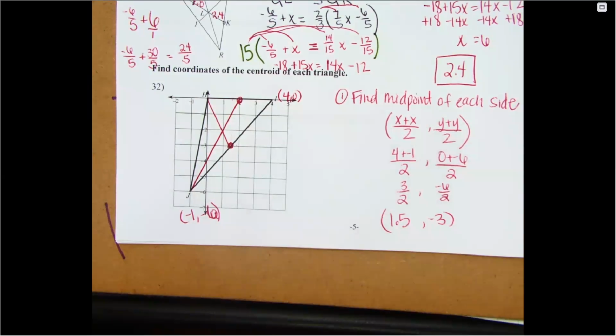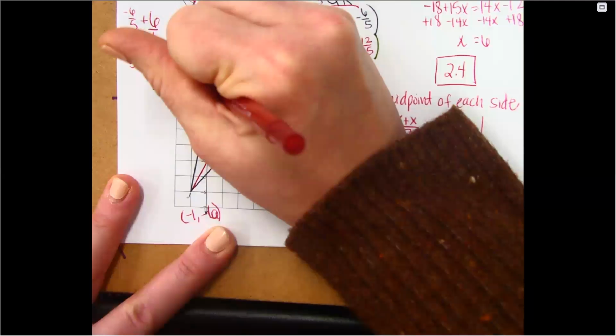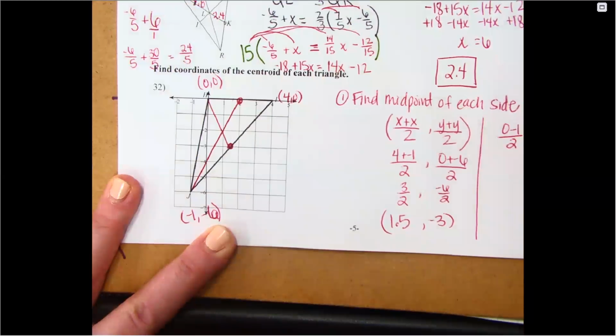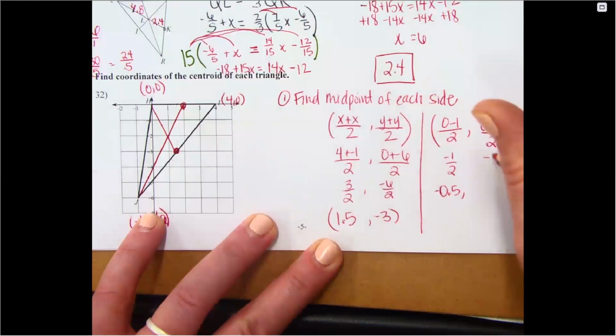So let's go ahead and find the midpoint for HJ. H is at 0, 0. So that would be 0 minus 1 divided by 2, 0 minus 6 divided by 2, because plus a negative is the same thing as minus. So that would be -1 divided by 2, which is -0.5, and -6 divided by 2, which again is -3. So -1/2 down to -3.